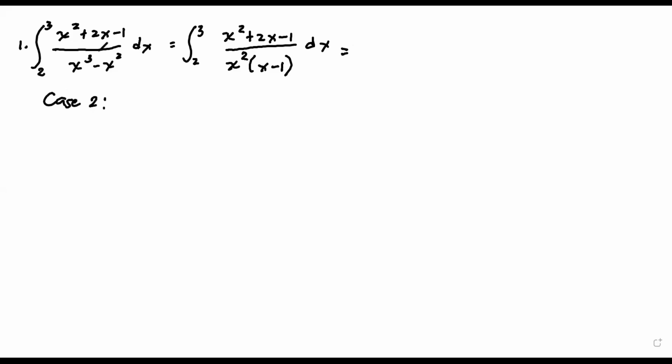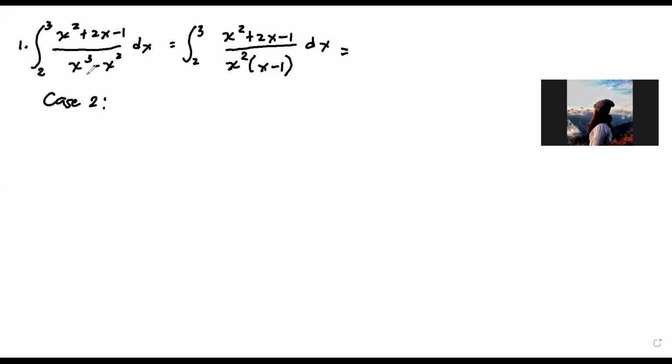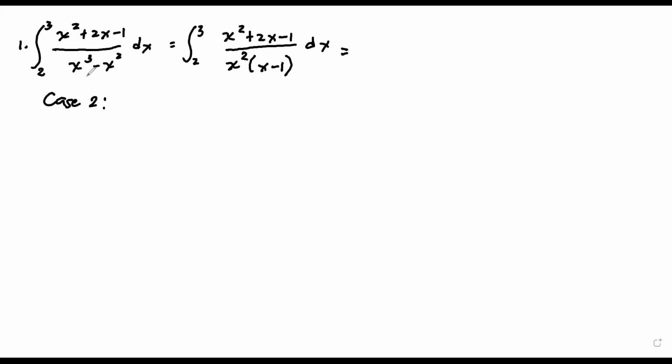By the way, class, we're going to apply partial fraction because the degree of the numerator is less than the degree of the denominator, so this is a proper fraction. We use case 2 because some factors of our denominator are repeated: x times x minus 1.